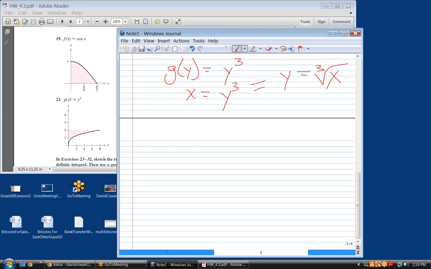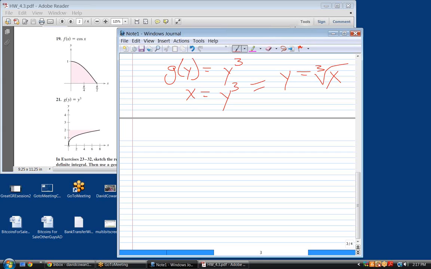These are the same. So I have a couple of ways I can do this. I can figure up the area of this rectangle. 2 by 8, 16 is the area of that rectangle.